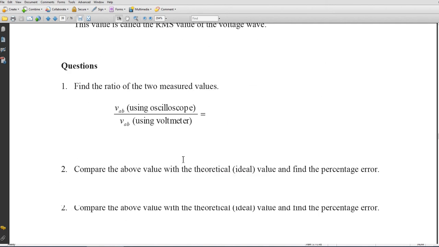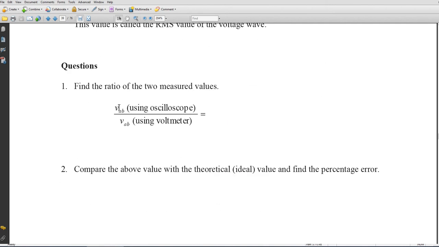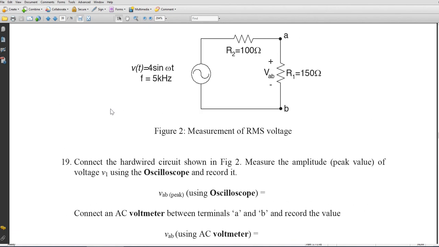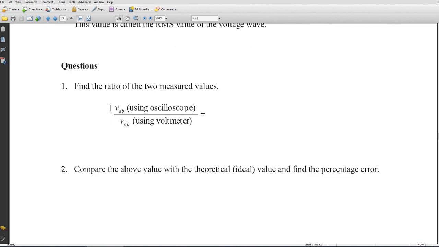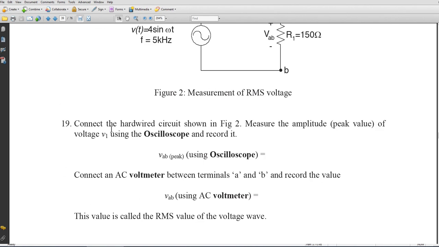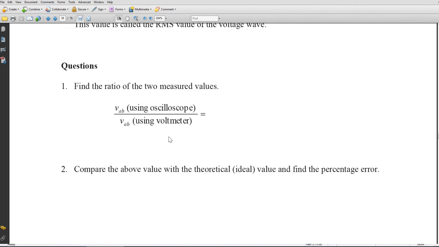There is a special relationship between the value from the oscilloscope and the voltmeter, that is the square root of 2. This is true for sinusoidal. For other waveforms we have another relationship, but here we are talking about the sinusoidal, so the ideal ratio should be square root of 2.